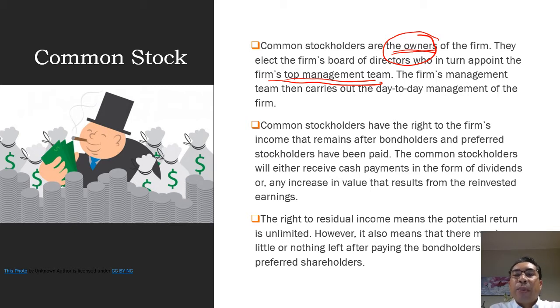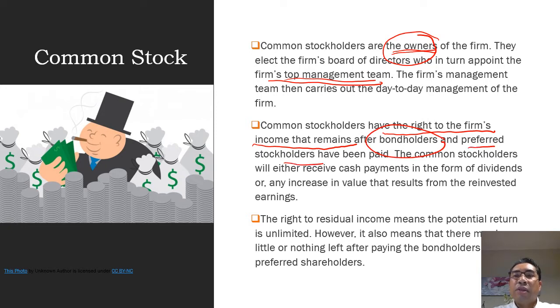Number two, when it comes to claim rights, the owner or common stockholder has the right to the firm's income after the bondholder and preferred stockholder.